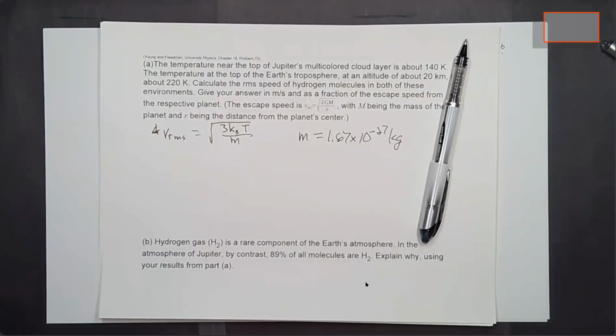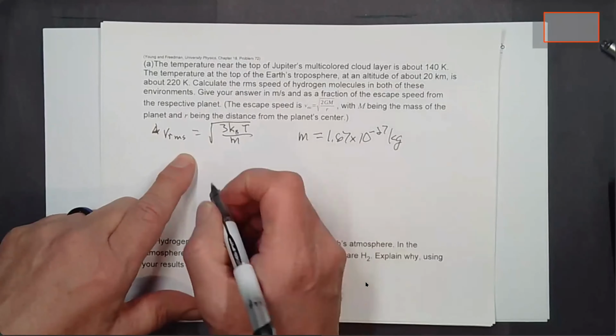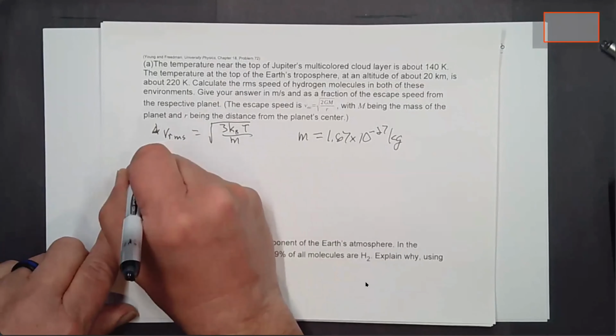Yeah, well, I get 1.66 times 10 to the minus 27th, but close enough. Okay, so let's go to Jupiter first.